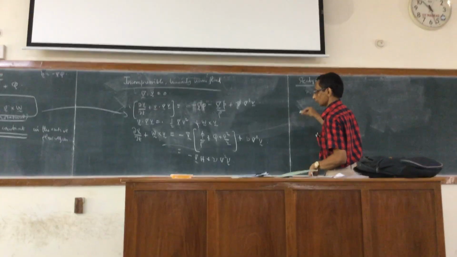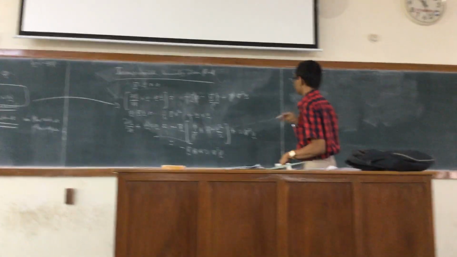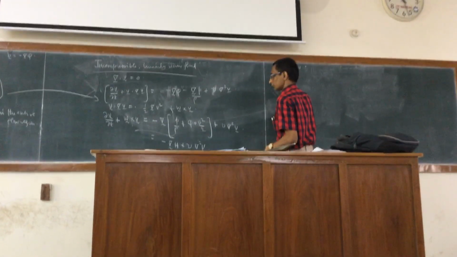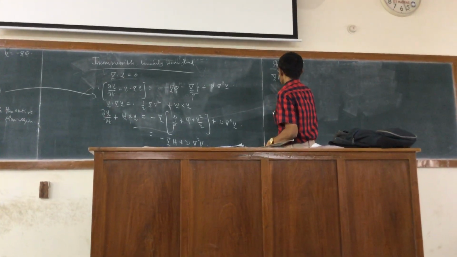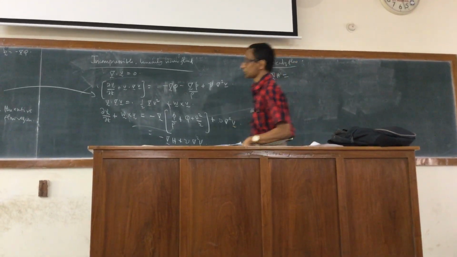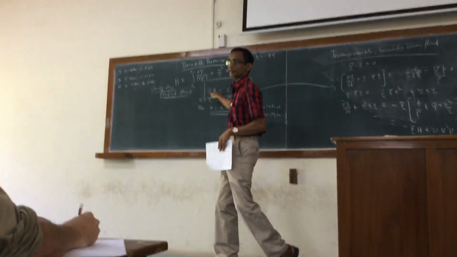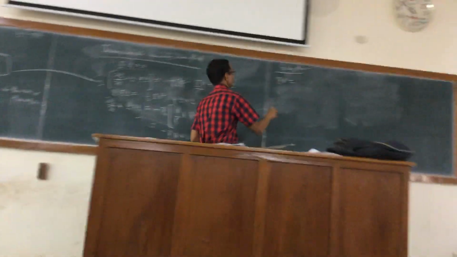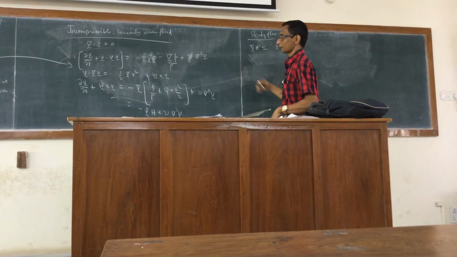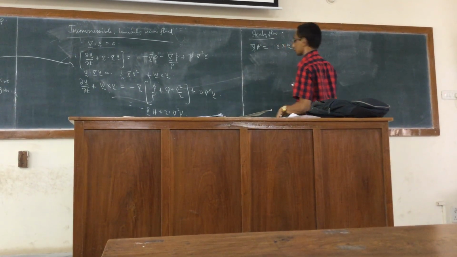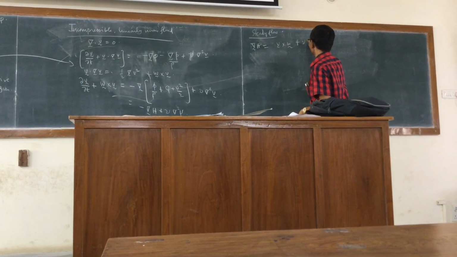So for steady flow, we can write the equation as the gradient of H equal to v cross w, because the w cross v is going to come over this side, it can be written as plus.